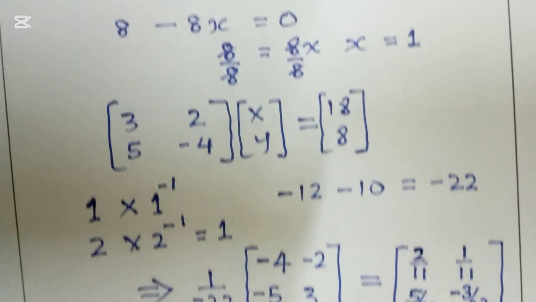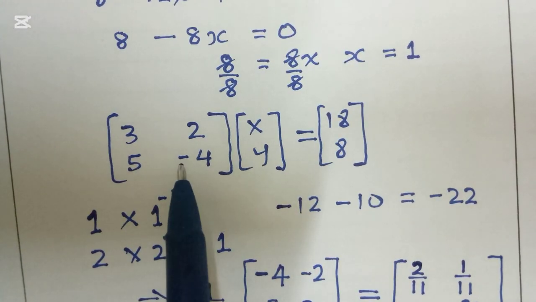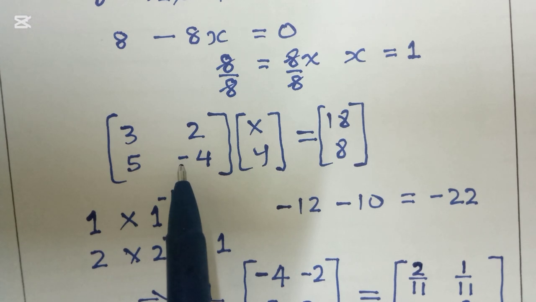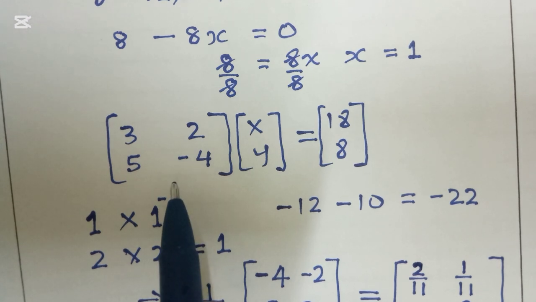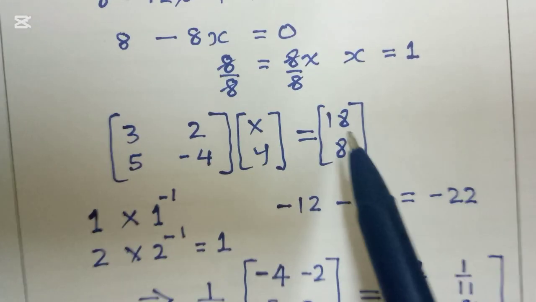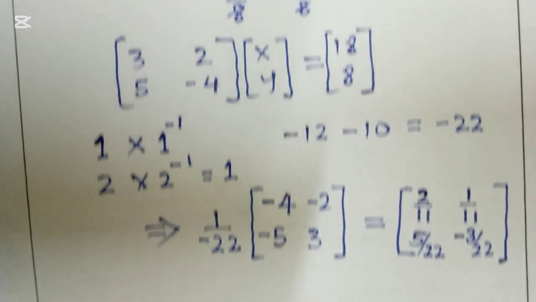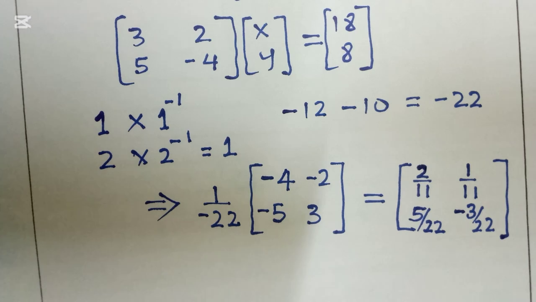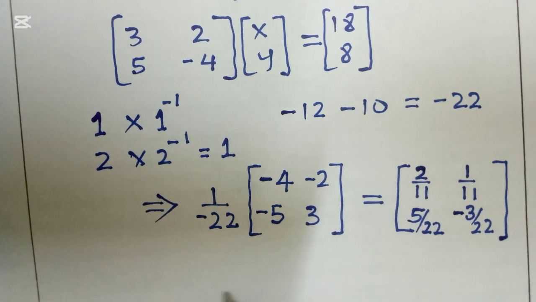So as we have said, guys, we are supposed to multiply by this, but when we multiply first by this, we shall have the identity matrix. And so this side you shall have 1. Then you come to this other side, you multiply. Now you are going to have this.